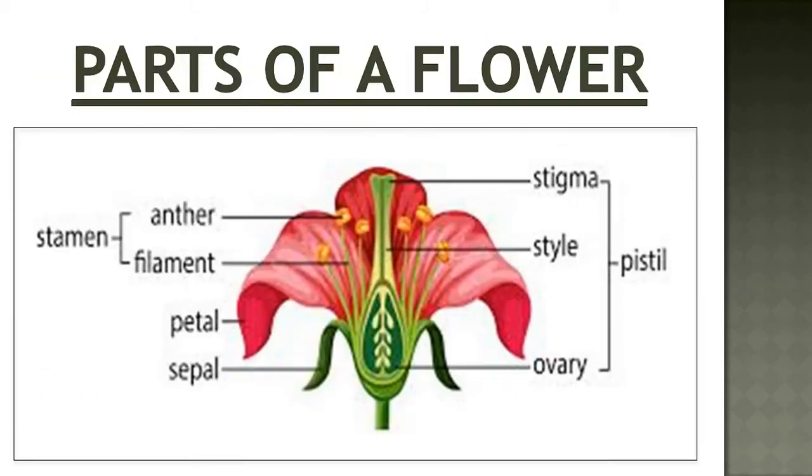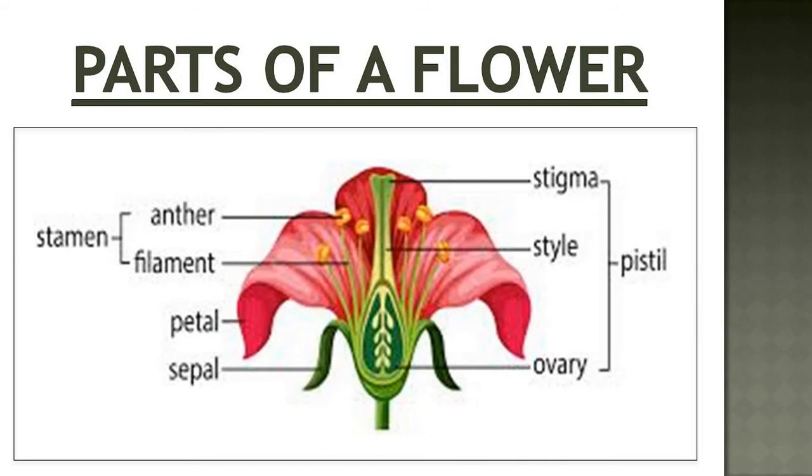So let's revise the parts of a flower which you have studied in the previous chapter. You have read that a flower has four parts: sepal, petal, stamen and pistil, and these four parts are arranged on a flower in four rows. The outermost row is calyx, which is made up of sepals, the green colored part.